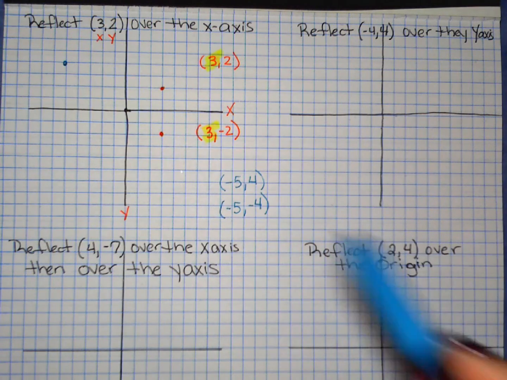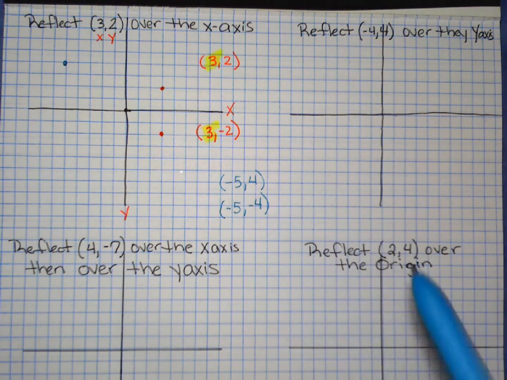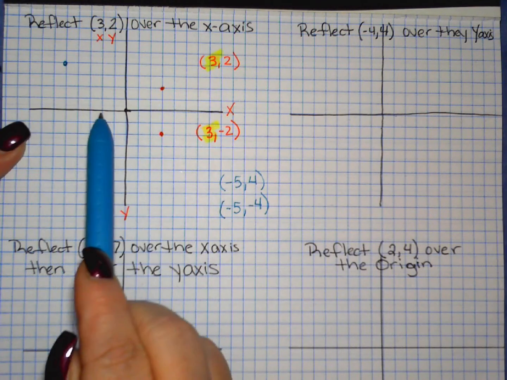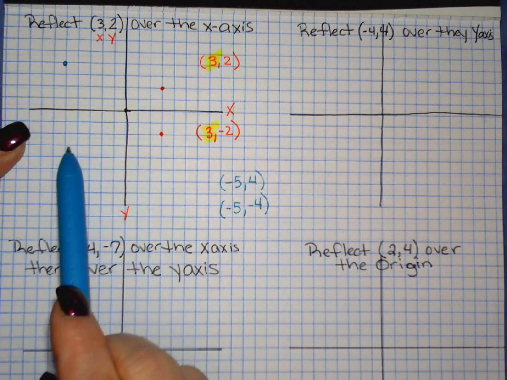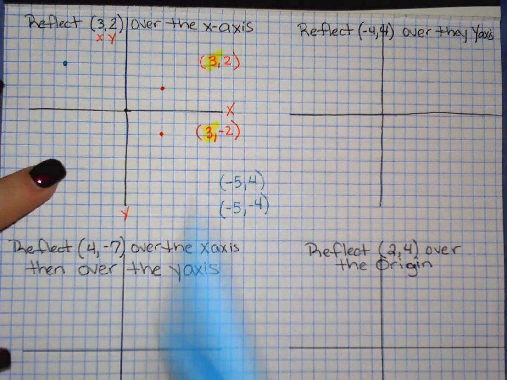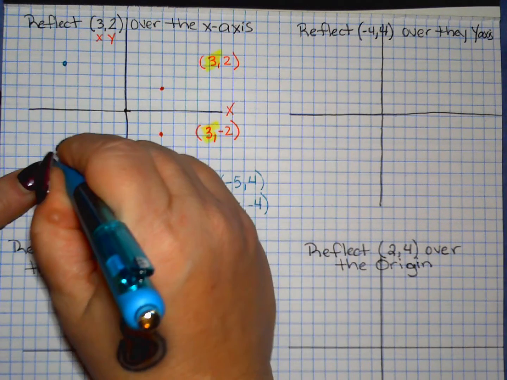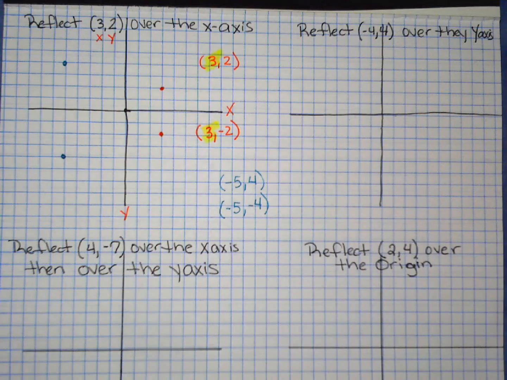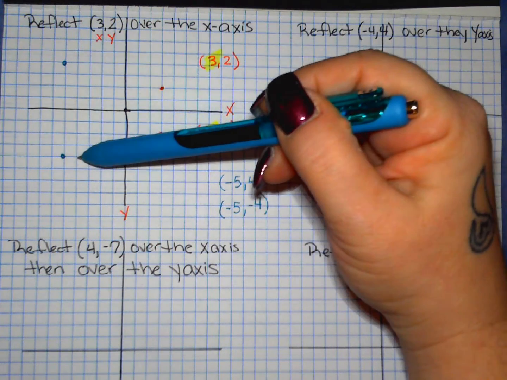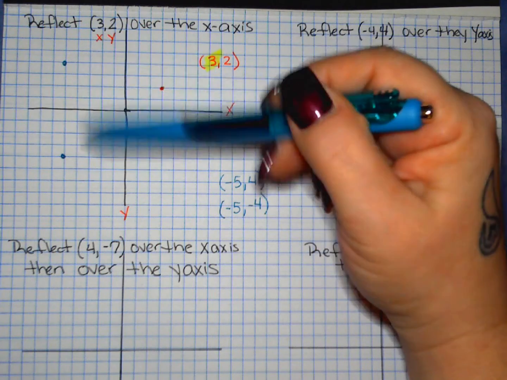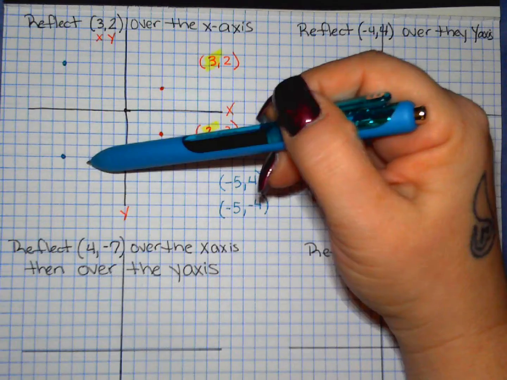And now let's do this one. -5, -4. 1, 2, 3, 4, 5, down 4. 1, 2, 3, 4, right there, -4. So now when I look at my two points, they are mirrored over the x.